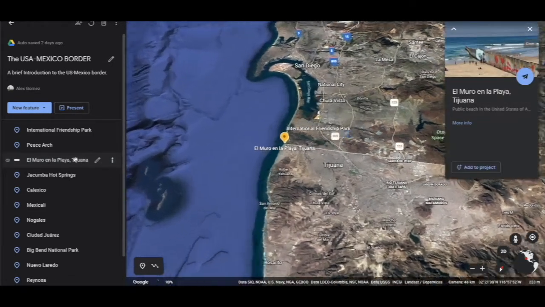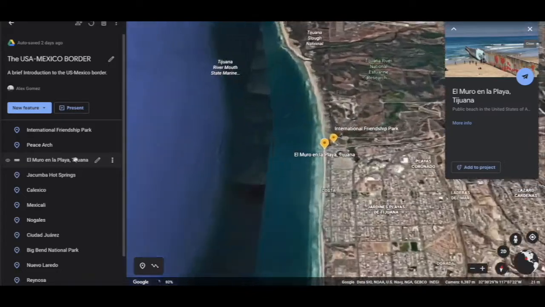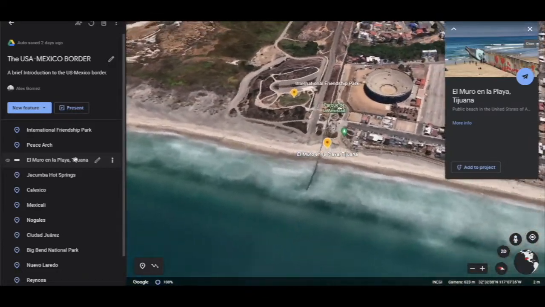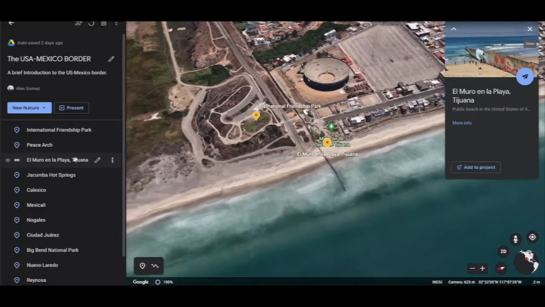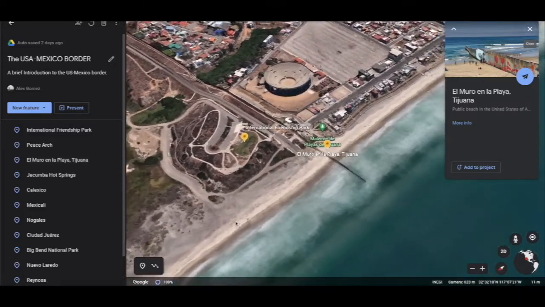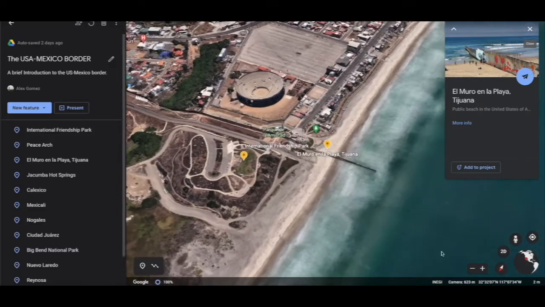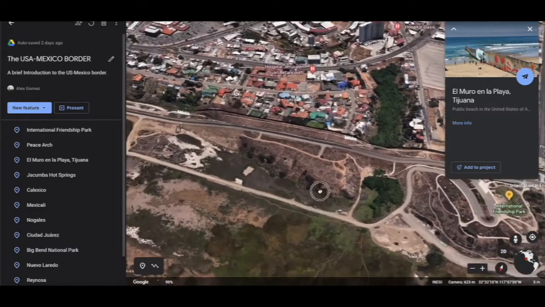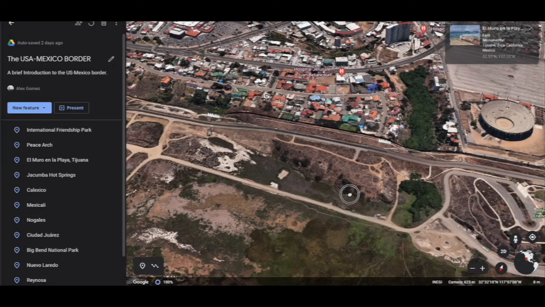So I wanted to go back to 1994 when the US established so many operations along the border between the US and Mexico. I mentioned to you that in 1994 we have Operation Gatekeeper right here in Tijuana and San Diego.